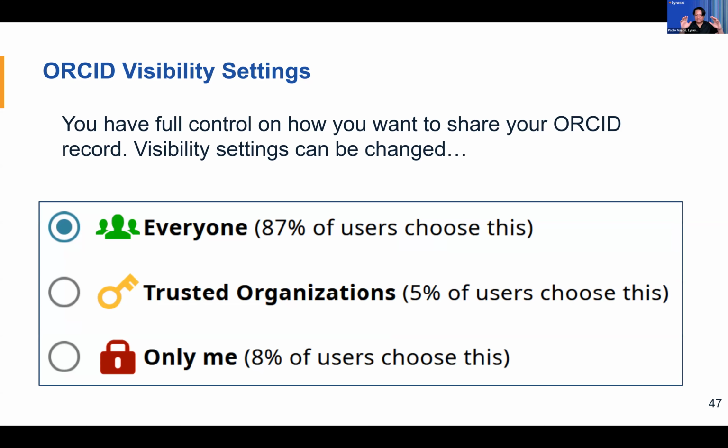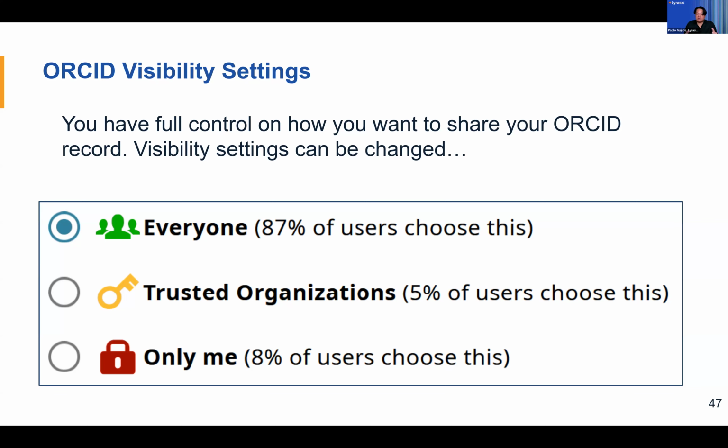So you can control the entire thing if you want to. You could say, I want my ORCID record available publicly, so you can change that to everyone. You can change it to trusted organizations only. Trusted organizations are the ones that you've given permissions to, right? So that's the only people that could see your ORCID record.